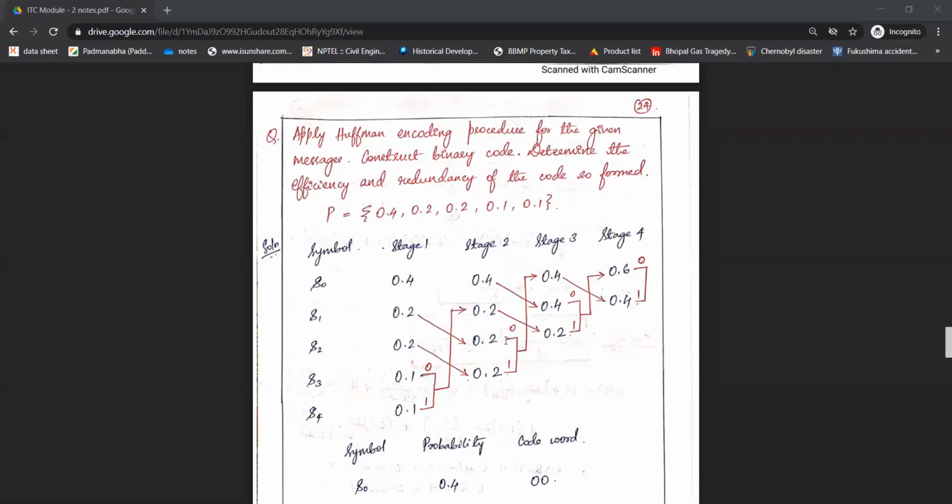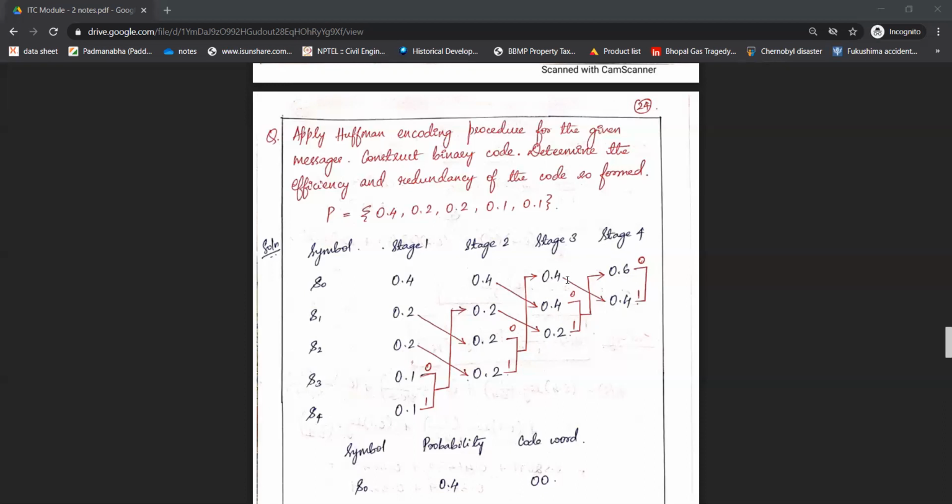After adding, we get 0.4. The newly obtained 0.4 is written first. The already existing 0.4 is written next by drawing a downward arrow mark. And next, this 0.2 is the least value, so I'll write it below 0.4 with a downward arrow mark.